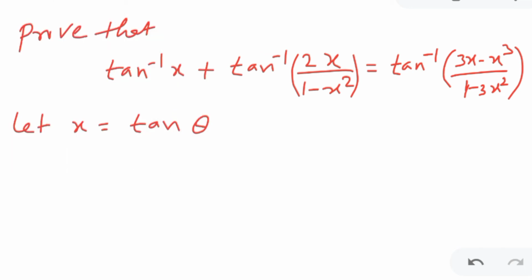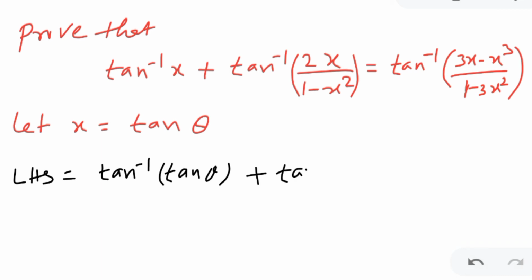So LHS will be tan inverse tan theta, since x is equal to tan theta, plus tan inverse 2x, that is, 2 into tan theta divided by 1 minus tan square theta.